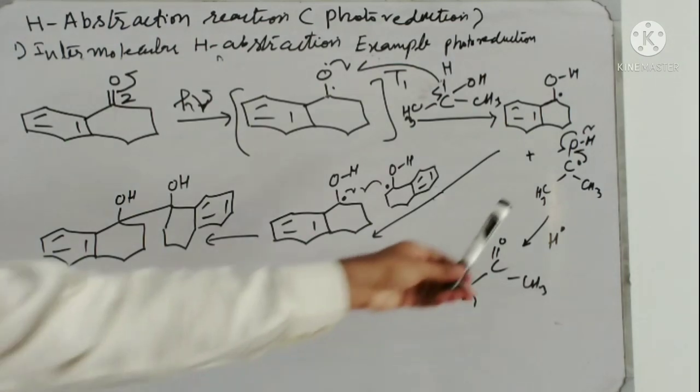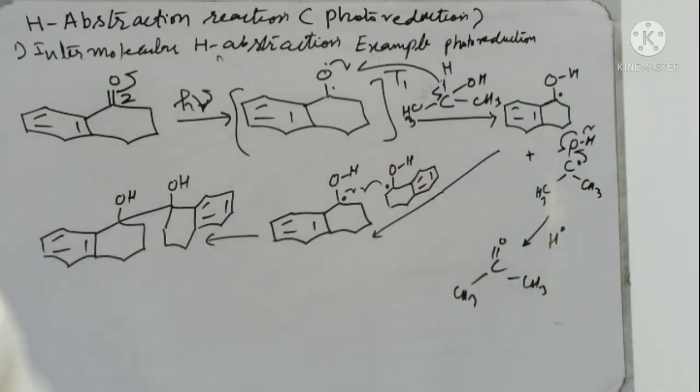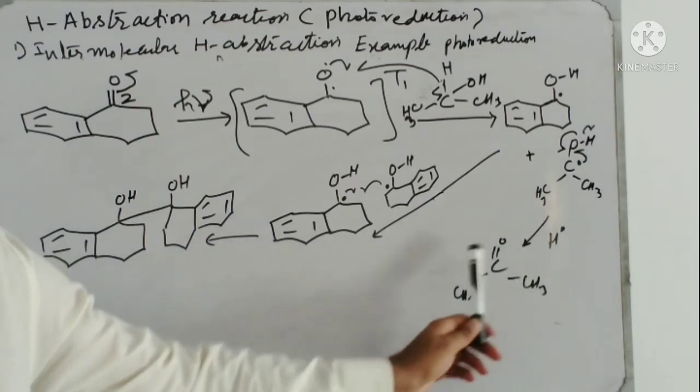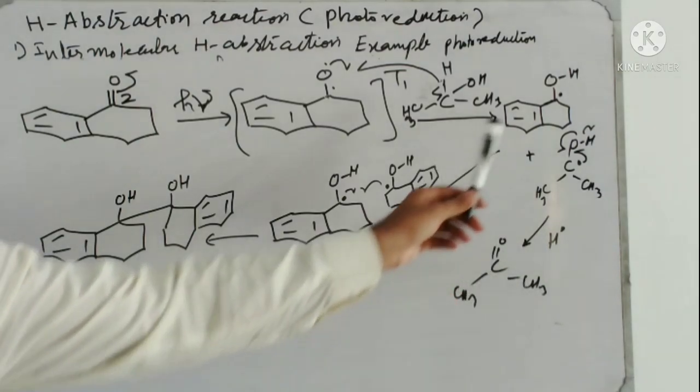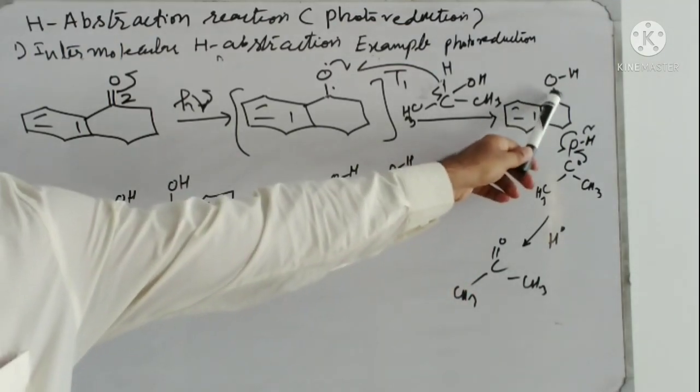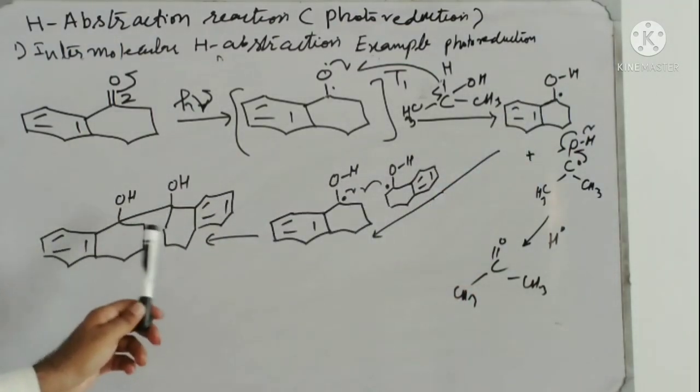So we produce these two radicals. Now we have two ways. If this hydrogen radical is again eliminated, we get acetone as a product, and if this radical combines with another similar radical of this type, we get this type of diol.